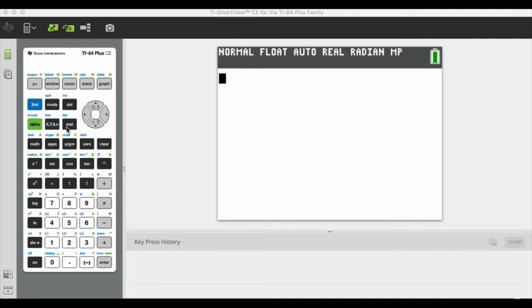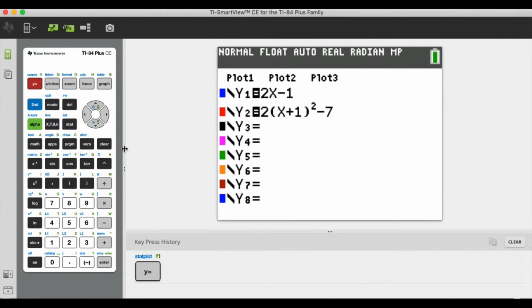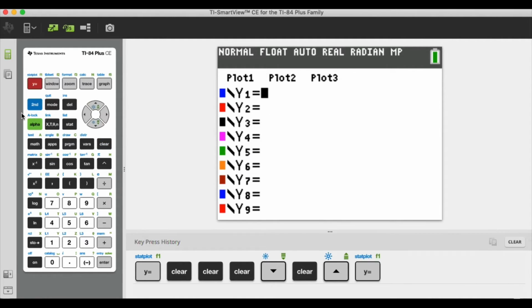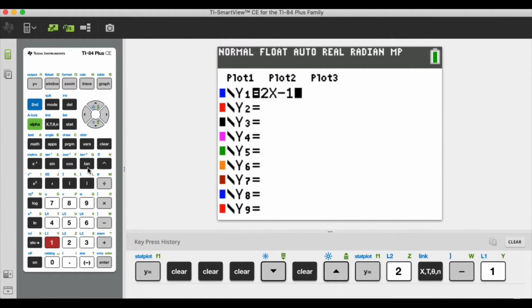So if you look at your calculator, here's your buttons. You're going to hit y equals. I got to clear everything out, make sure everything's cleared. So you hit y equals, that brings you up to this page, and then you enter your first equation, which we have, let's see, y is equal to 2x minus 1.